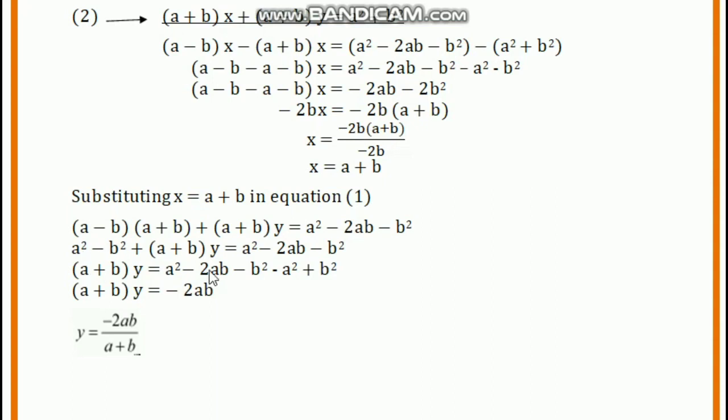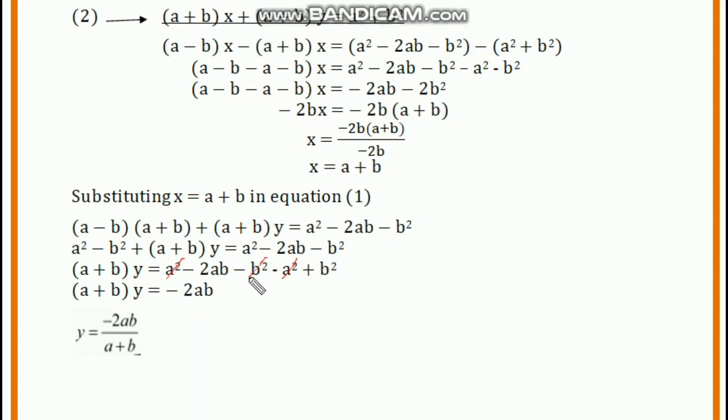Okay, the step: transpose this a square minus b square to the right hand side, so we get minus a square plus b square. So here see this, which are like terms, plus a square and minus a square will be cancelled. These are like terms and their signs are different.